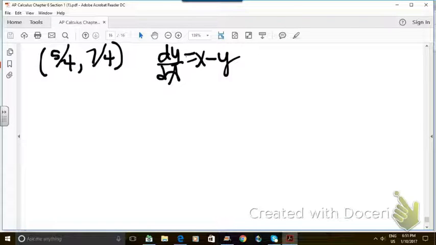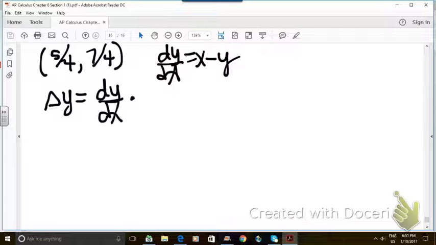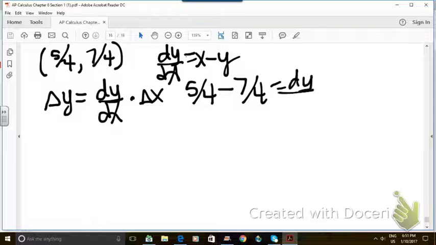So we do delta y equals dy/dx times delta x. We already know the delta x is 1/4, the same thing every time. So I'm going to take 5/4 minus 7/4 to get dy/dx, which equals negative 2/4 or negative 1/2.